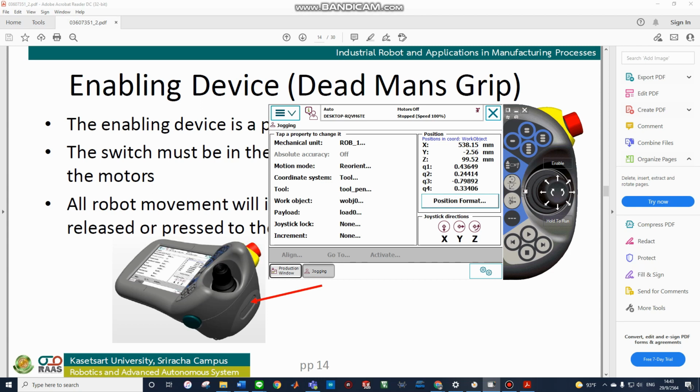The menu overview has the mechanical unit, jogging mode is now auto into auto. This is the incremental jogging, and this is the running mode, cycle or continuous.